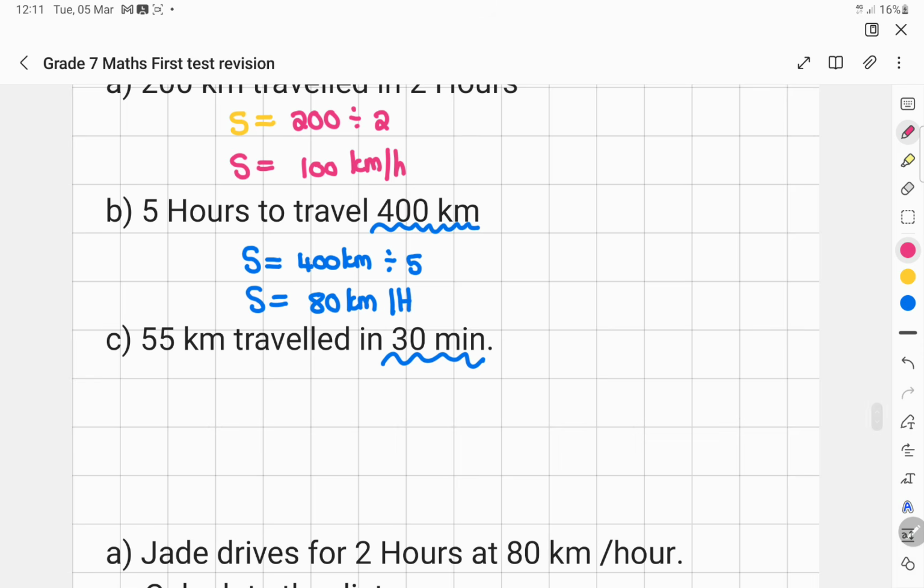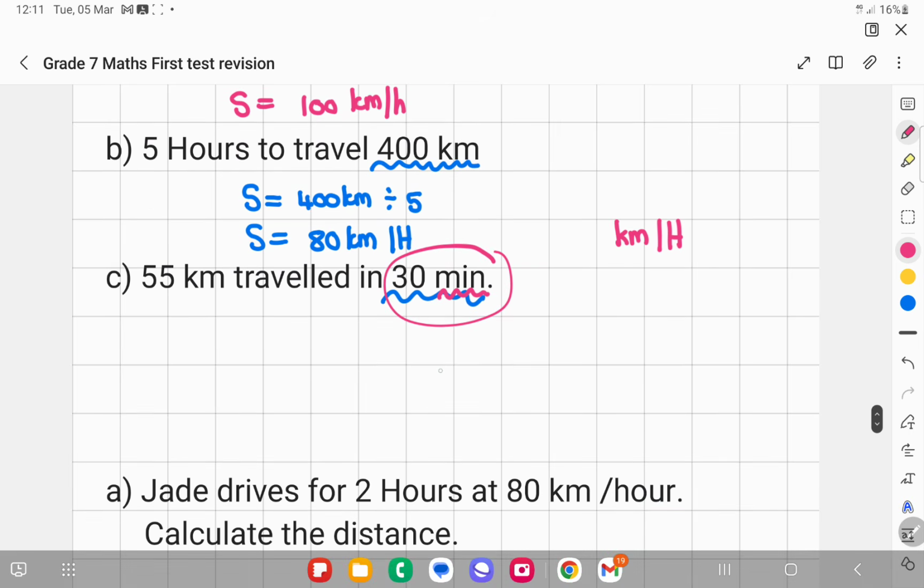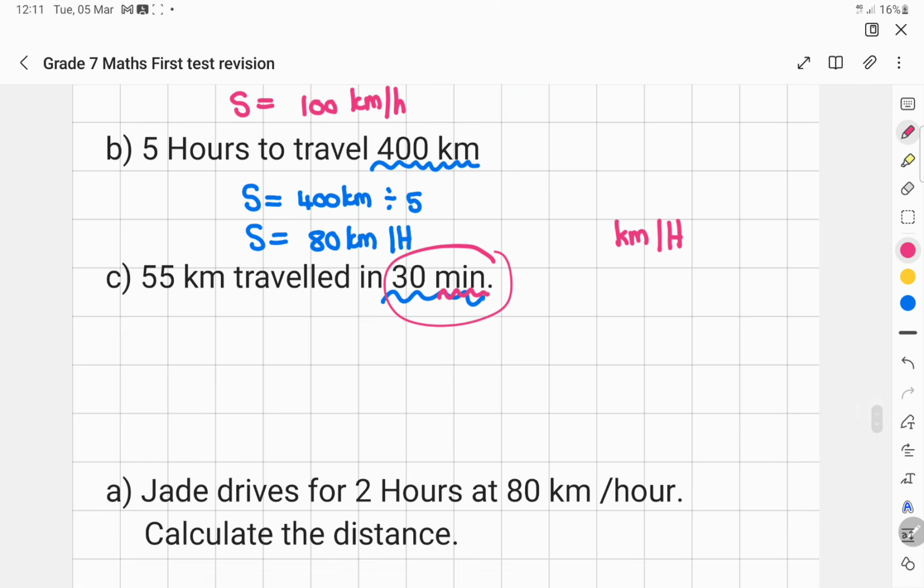Here's one. All right. So they say to you, you traveled 55 kilometers in 30 minutes. Minutes does not go together with hours. Why? Because we work in kilometers per hour. But you guys know, and I don't think they'll use any in grade 8, we start using 45 minutes.